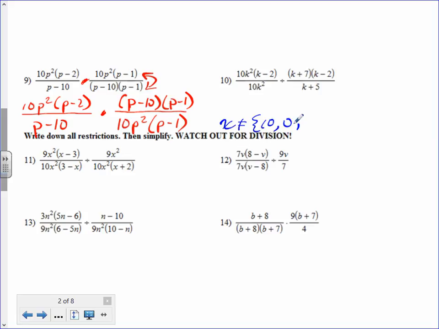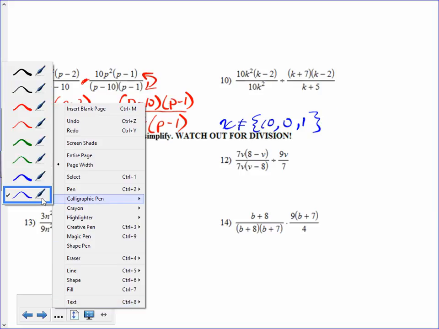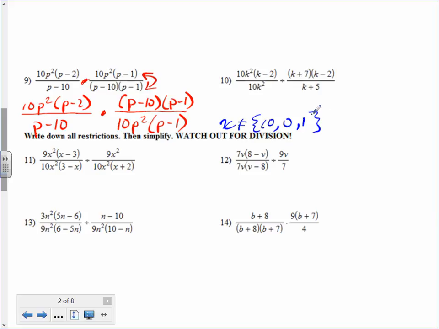And positive 1. Okay, you found the restrictions. X cannot be 10, 0, or 1.